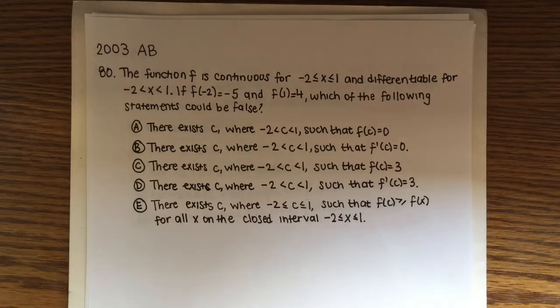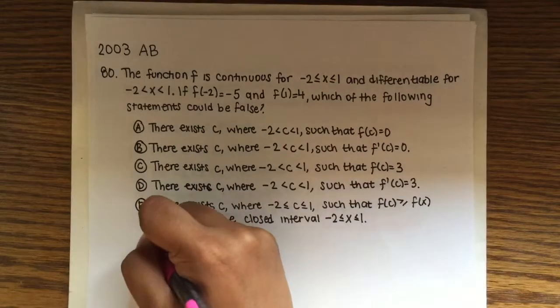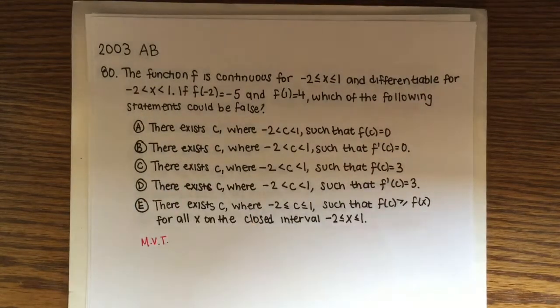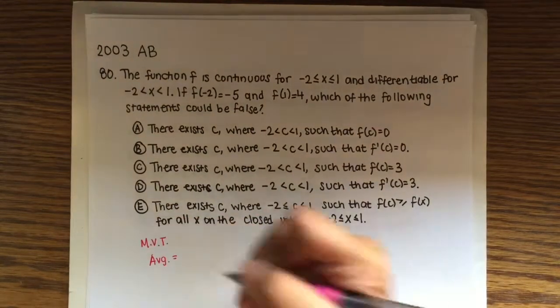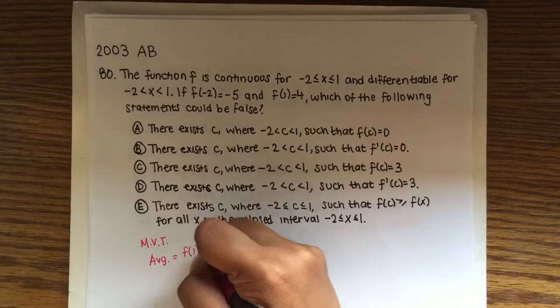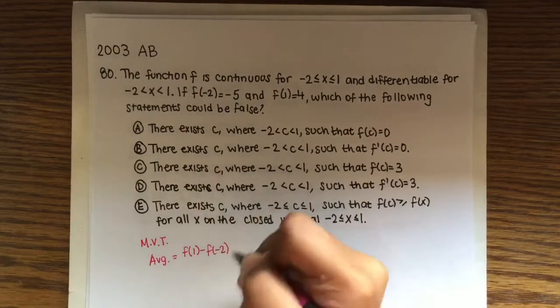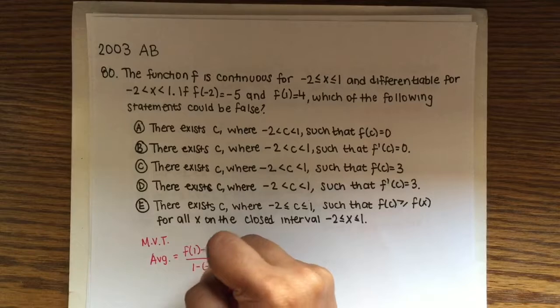This next AP problem states that the function f is continuous on the closed interval from negative 2 to 1 and differentiable on the open interval from negative 2 to 1. If f of negative 2 equals negative 5 and f of 1 equals 4, which of the following statements could be false? Well, we could notice that since the function is both continuous and differentiable, we can use the M.V.T. Let's find the average slope. The average slope is equal to f of 1 minus f of negative 2 all over 1 minus negative 2.